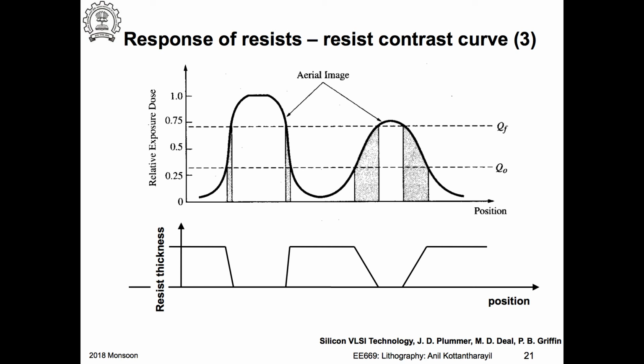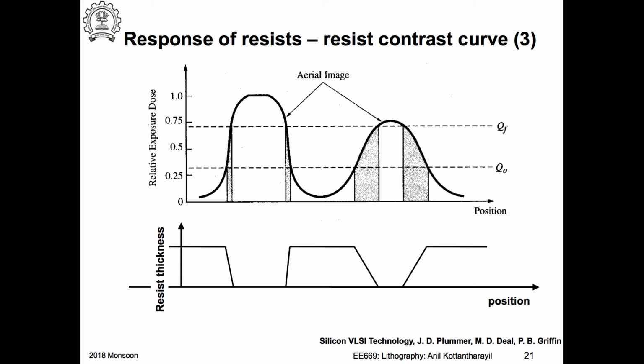And I have a similar thing here. So this is what I would really like to have, right? But what happens here? These regions. Some of these dopants would actually go in. So instead of this profile, I may get something that is extended.